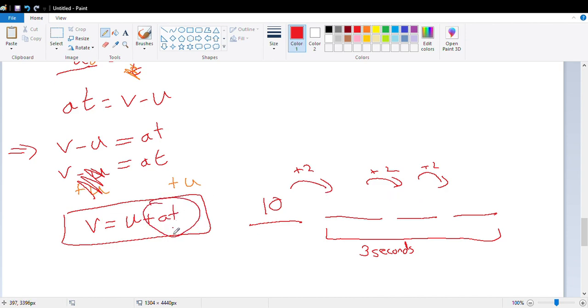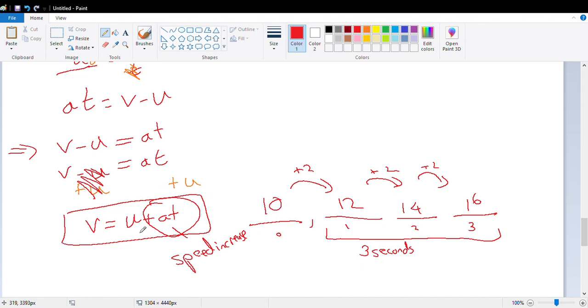So this bit here talks about your speed increase. You start with a speed of 10, clearly 1 second later you're travelling at 12, another second later you're travelling at 14, and during the third second you're now travelling at 16.